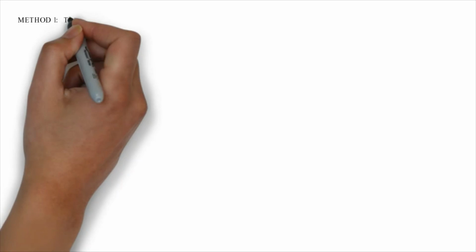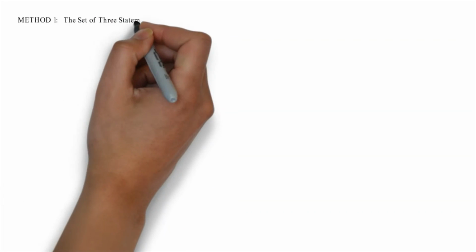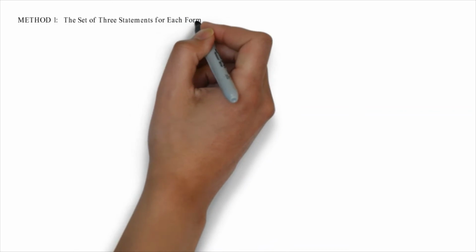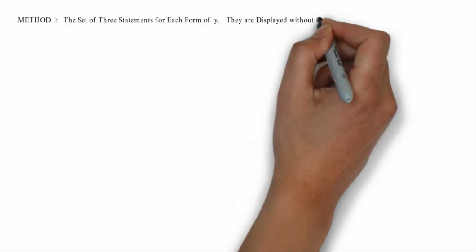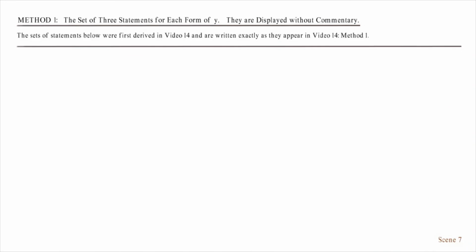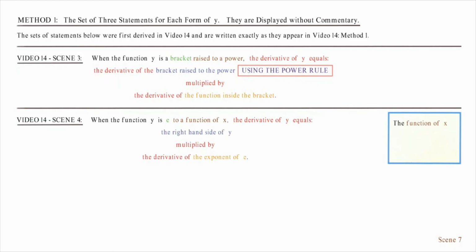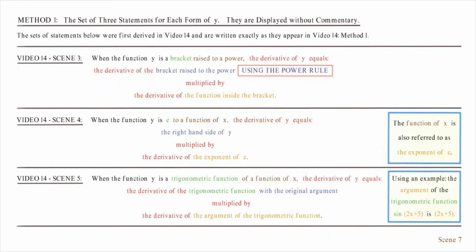Method 1. The set of 3 statements for each form of y. They are displayed without commentary. To review the above sets of statements, you should pause this video now. Solutions to the 10 questions from Scene 6.